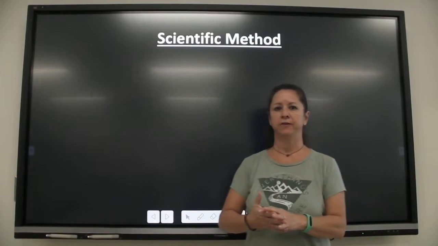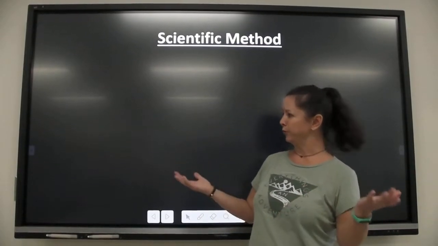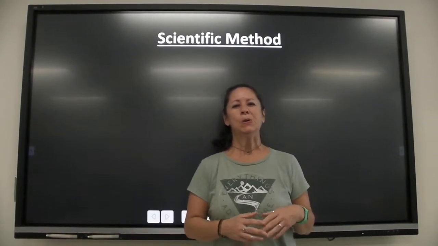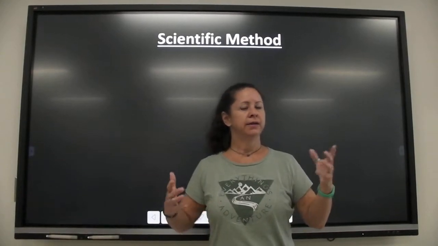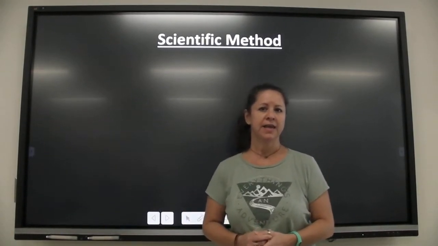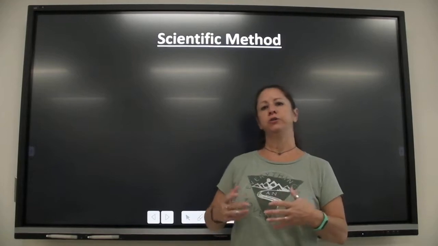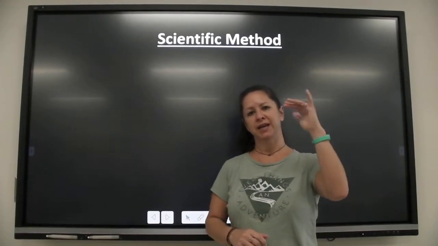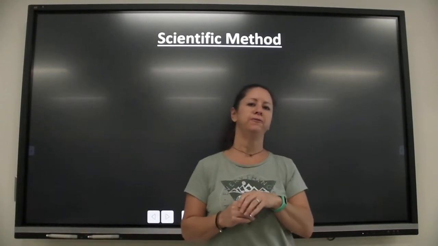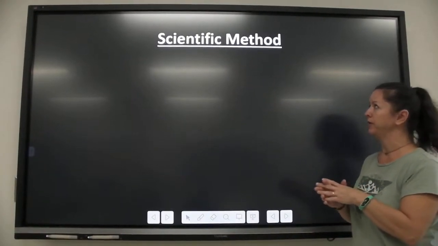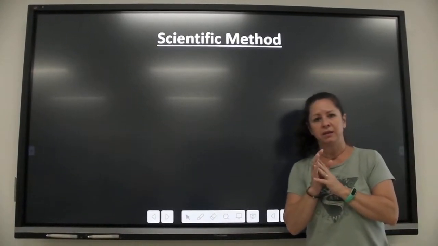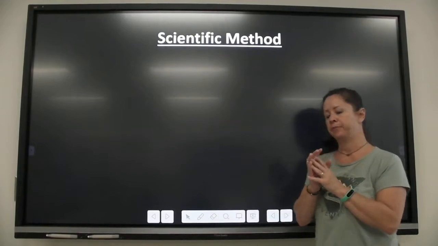It does not matter if they're in the field of biology, we're doing baby biology, or if they're in the field of medicine, chemistry, physics. If they're wanting to learn new things, they're going to do some of the same basic steps to find answers, no matter what that is. And that method is called the scientific method.